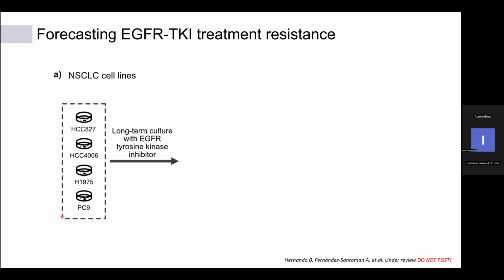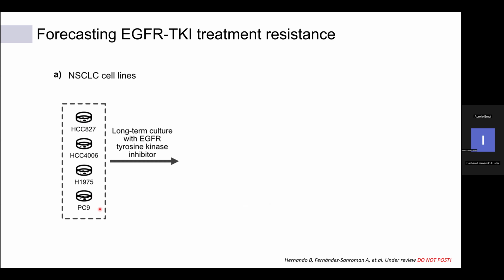And the first thing was to apply our forecasting framework to the parental cell lines to classify them as resistant or sensitive to EGFR inhibitors via MET amplification.